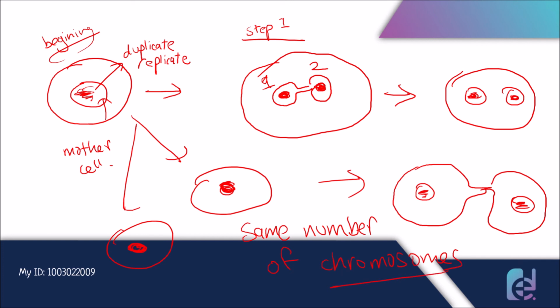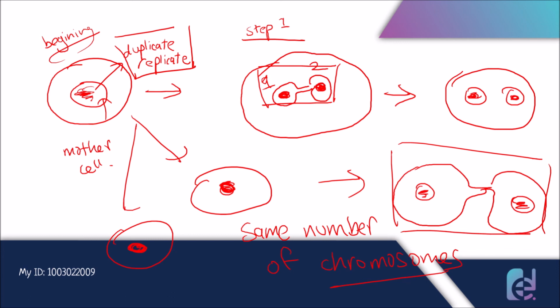So this is the main thing about mitosis, that they have the same number of chromosomes. How can they get the same number of chromosomes? They first duplicate everything, then they divide the nucleus, then they divide the cytoplasm. So this is the main process of mitosis, the first type of cell division.